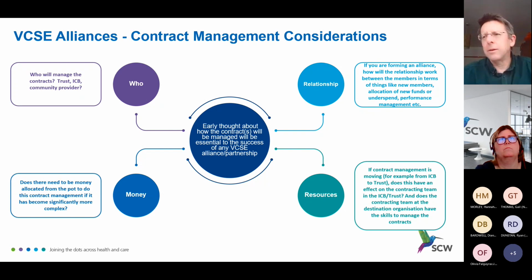It's also useful to know about how the money is going to be spent. So there's various elements around that. Is there going to be a single and simple funding allocation between all of the providers?